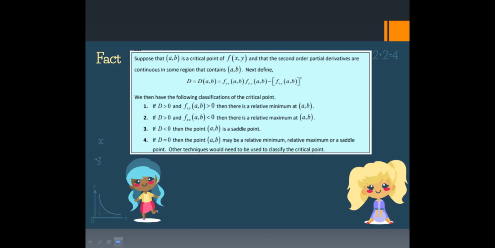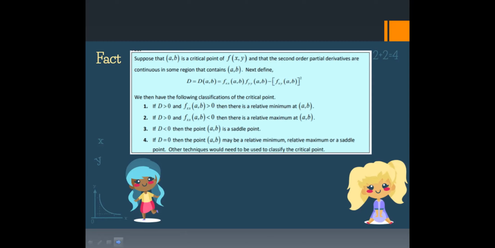Second, if D is greater than 0 and the second order partial derivative of f with respect to x is less than 0, then there is a relative maximum at point (a, b). Third, if D is less than 0, then the point (a, b) is what we call a saddle point.